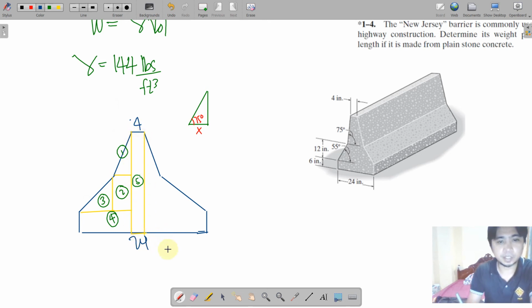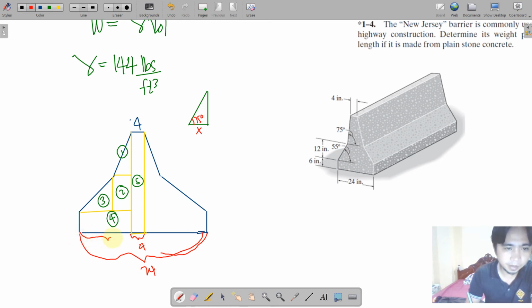So the total here is 24, so that this is 4. So what is left? 10, isn't it? So this should be equal to 10. Okay, so we have obtained a dimension.